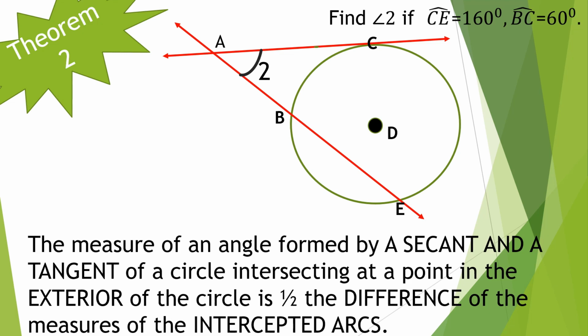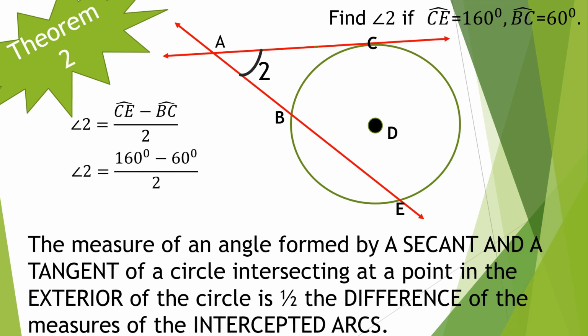What are the intercepted arcs of angle 2? We have CE and BC. In getting angle 2, the formula is arc CE, the bigger arc, minus the smaller intercepted arc BC, divided by 2.